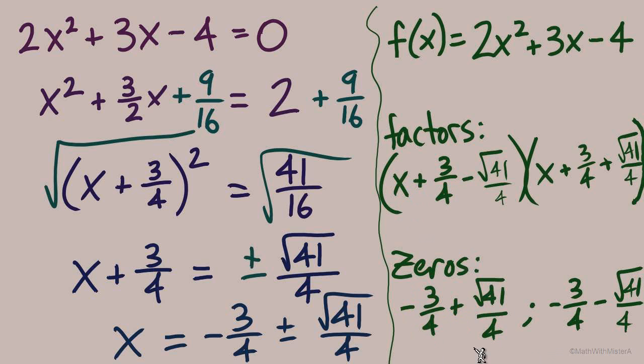So x minus all of this turned into x plus 3/4 minus radical 41 over 4. And there's that first factor. This other one, I thought about taking this 0 and putting it into parentheses with x minus. So x minus negative 3/4. Again, we had to change that to a positive. And down here, minus negative radical 41 over 4. That had to become a positive as well.